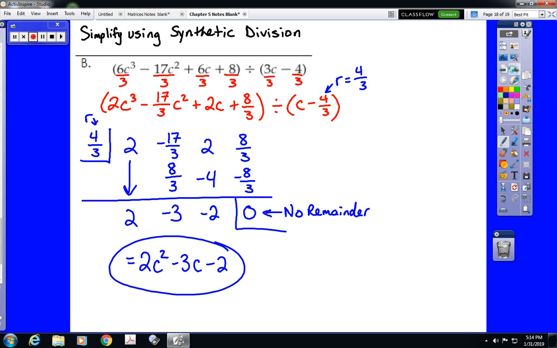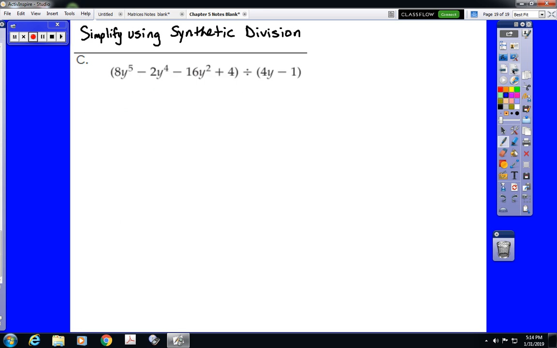The final example of synthetic division is this one here. It's really going to test you, because if you don't notice, you need to look closer. There are 2 terms missing, and we're not in the correct format. So in order to get into the correct format, we're going to have to divide everything in the whole problem by 4. Some of those reduce, some of those divide evenly, actually they all either divide evenly or reduce.